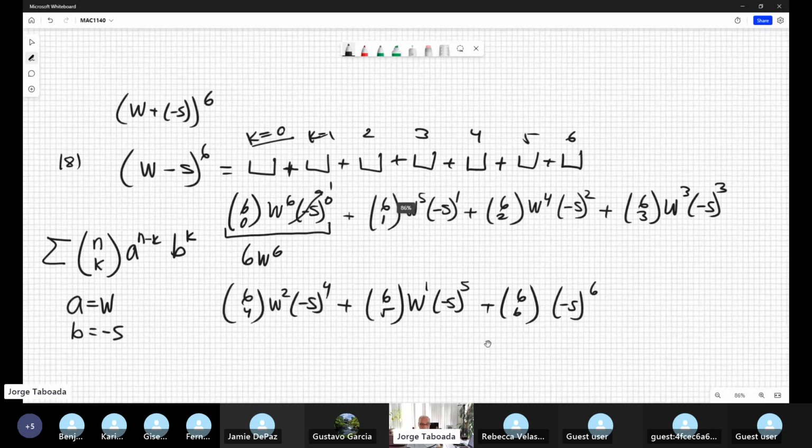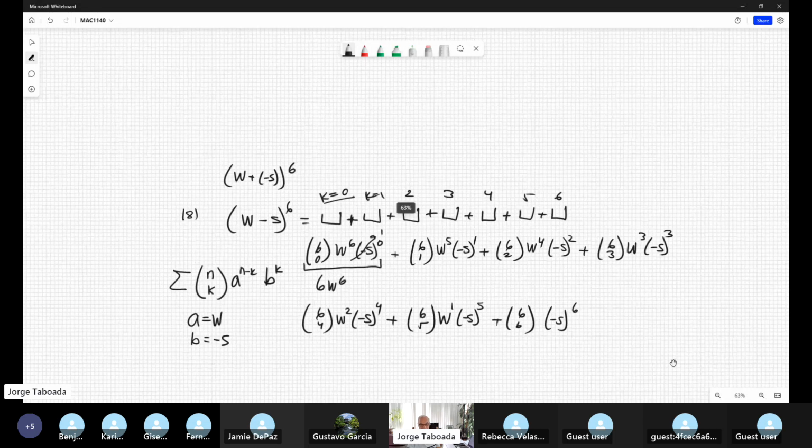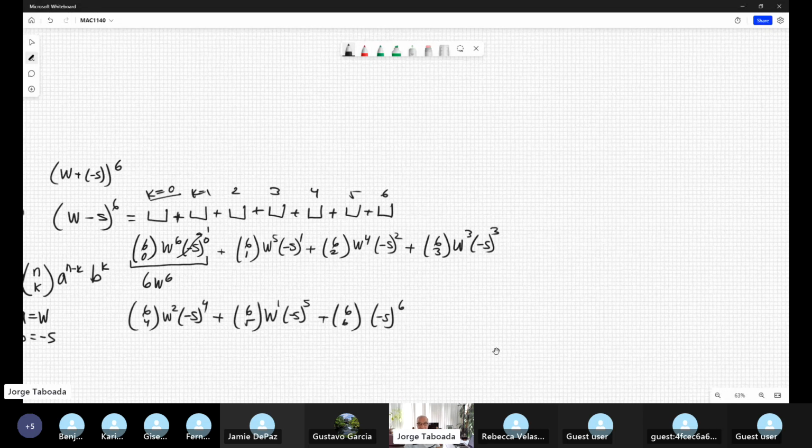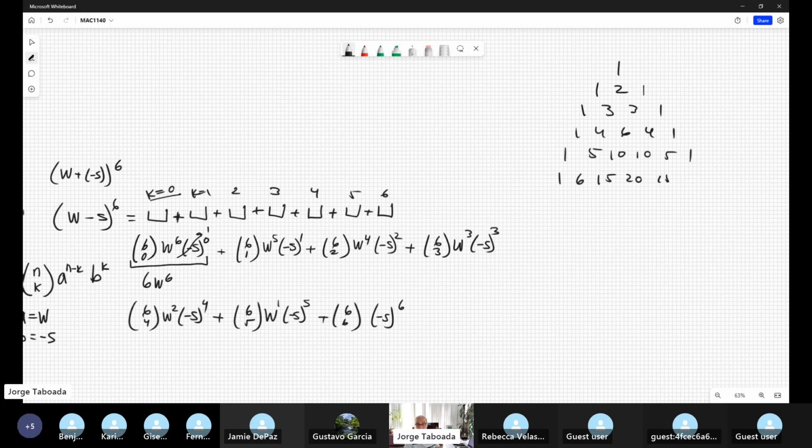To find quickly these coefficients, because the 6 is not too much, we can use a Pascal triangle. Look, the Pascal is 1, 1, 1, 2, 1, 1, 3, 3, 1, 1, 4, 6, 4, 1. This is for n equal 4, for n equal 5 is 1, 5, 10, 10, 5, 1, and for n equal 6 is 1, 6, 15, 20, 15, 6, 1.